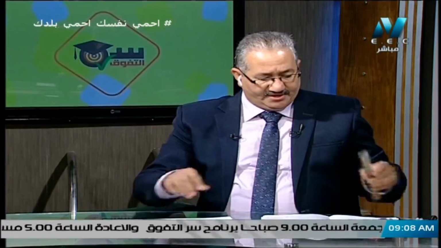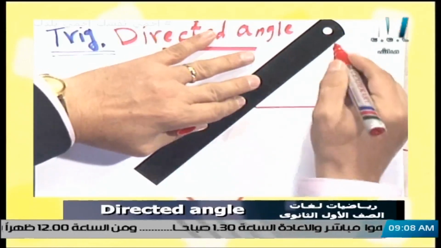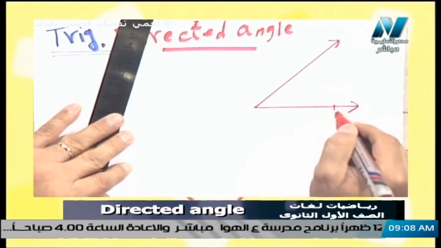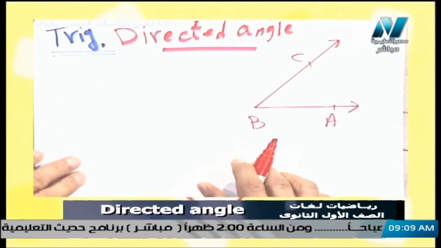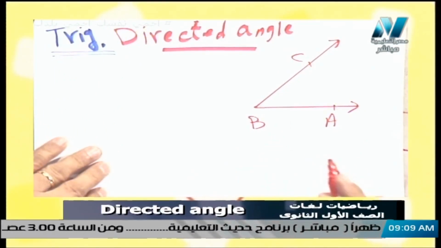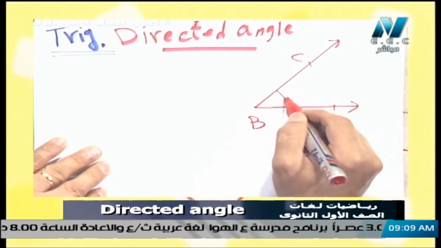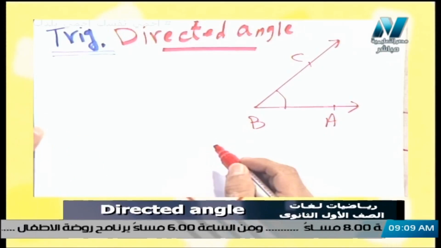So let's move to here to draw. If we have an angle here like that, we have A, as an example, B, C. We have an angle here. This angle, we say the angle CBA or ABC as in the previous studying.